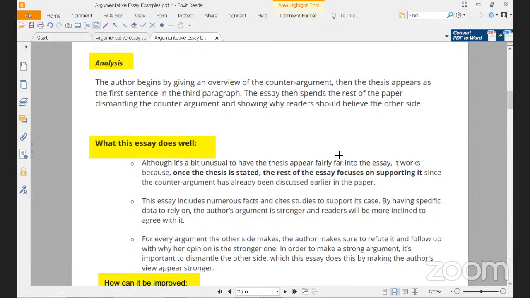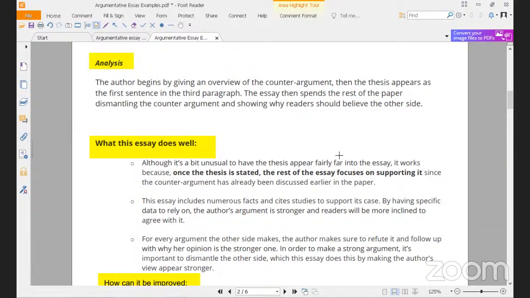And how can it be improved? In my opinion, I think that the essay needs a conclusion. It's more an opinion of the author, but here there is not the final arguments to close.